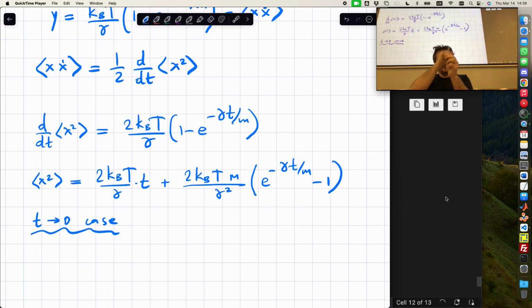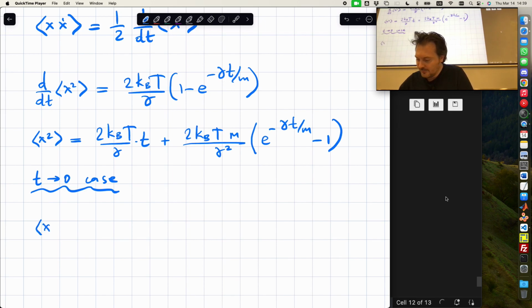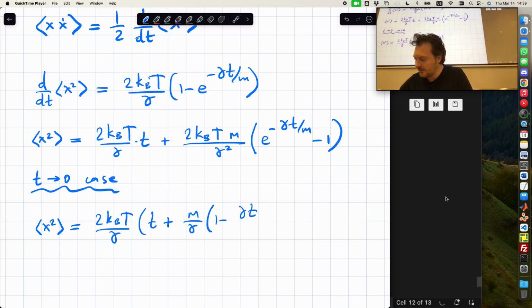It's not like tuk tuk tuk tuk. So for t very, very small, what you get is this: t plus m over gamma times 1 minus gamma t over m plus gamma squared t squared over m squared plus dot dot dot, minus 1.